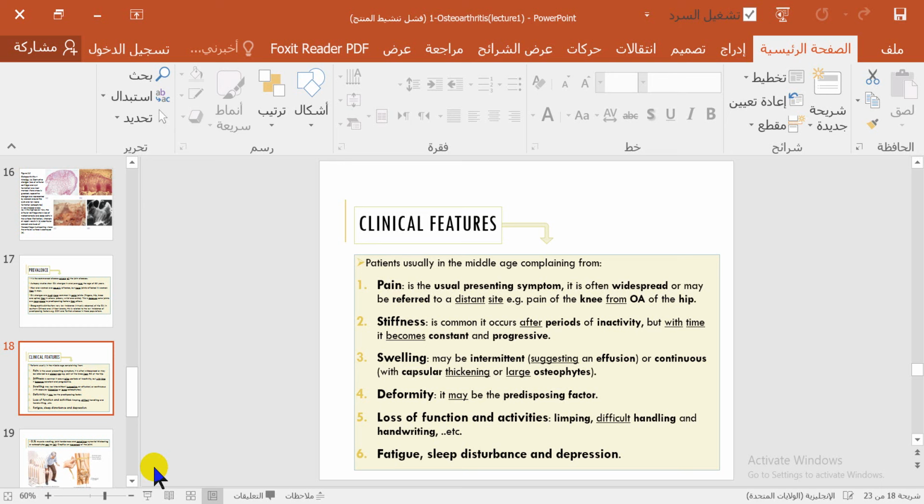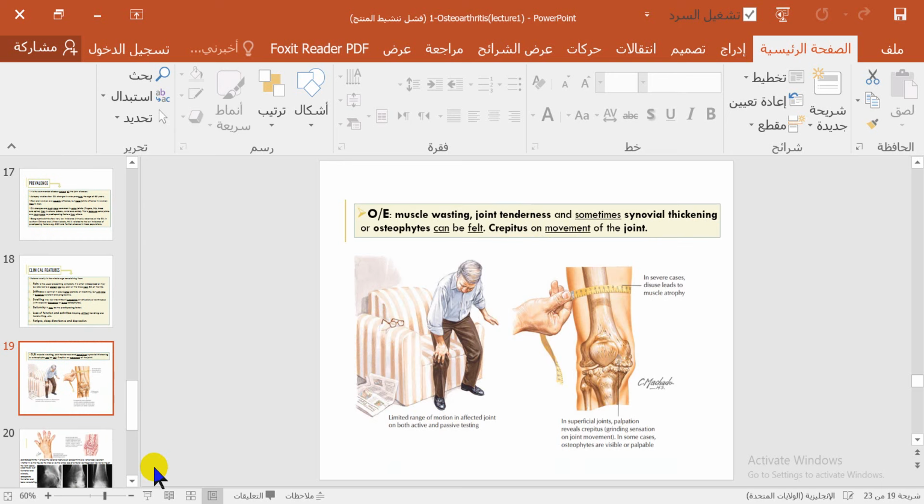Also, the patient may complain of wasting of the muscle and inability to do his usual activities, and there may be a crepitus due to the osteophyte. We hear some sort of sound, crepitus, like a fracture crepitus in the joint.